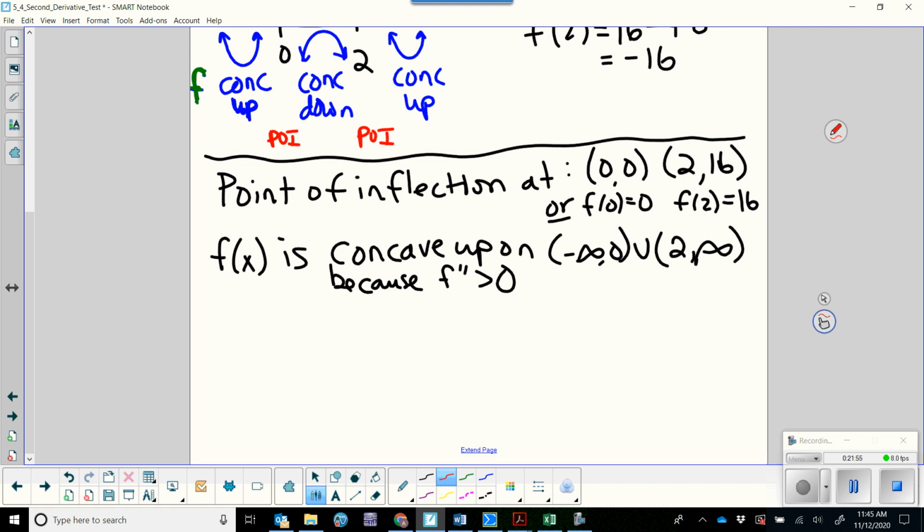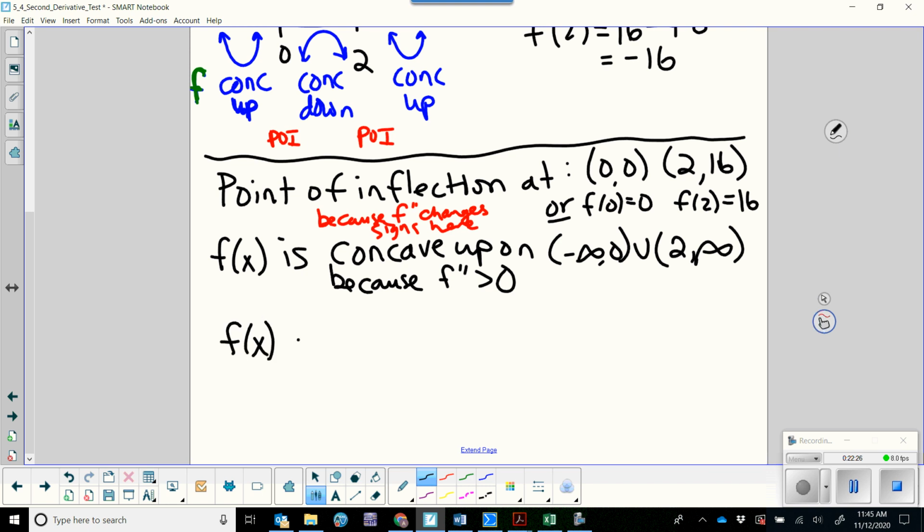We need to say why those are the points of inflection, and that's because f double prime changes signs here. Okay, so that's why those are the points of inflection, or the concavity changes there. If we're listing the concavity, I would probably have listed the concavity first and then said, so those are points of inflection because the concavity changes there.